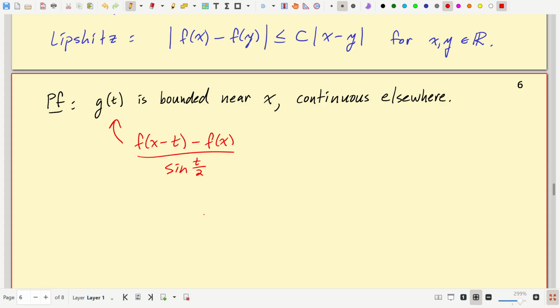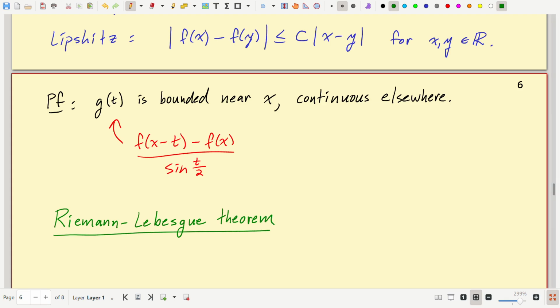Yes, I wanted to mention the Riemann-Lebesgue lemma. Riemann-Lebesgue, with a G, not a Q. Sometimes called a lemma. Yeah, it's a lemma.